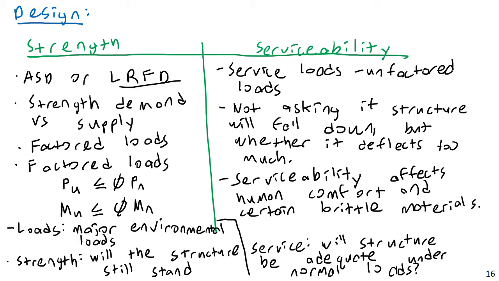If the building vibrates or the floor bends too much during a hurricane, again, as long as it doesn't fall over, who cares? Most of it is about damage to relatively cheap materials like drywall and brick, which we can relatively easily replace as long as it doesn't fall in and kill anyone. We really don't care. Or a lot of it comes down to human comfort.